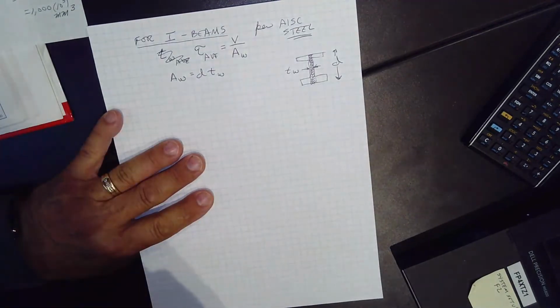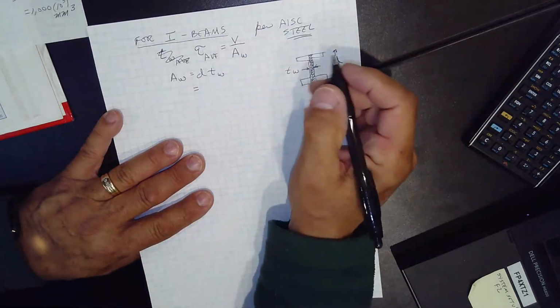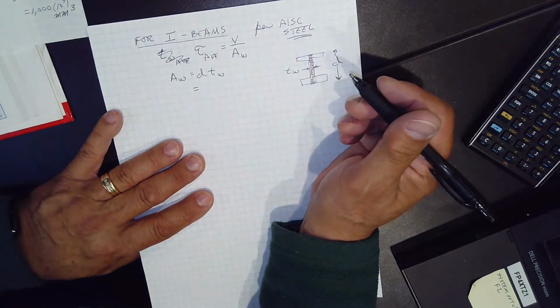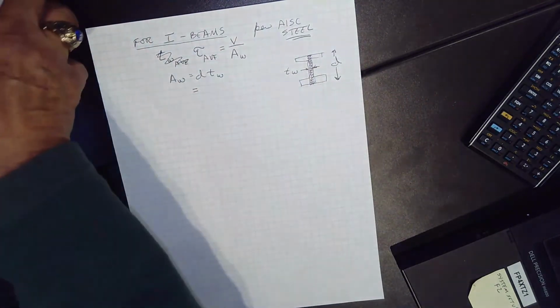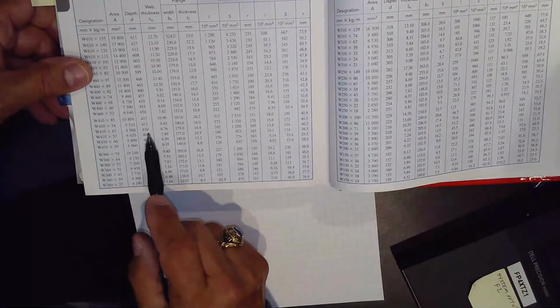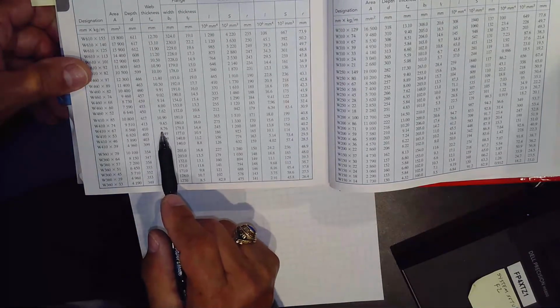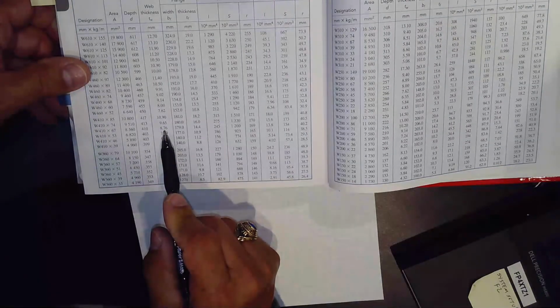We said, okay, we'll do what the book says, by the spec. And lots of buildings are designed this way, so it must work, right? And so what we do again, we go back to our table. And we said for a 410 by 67, D is 410 and TW is 8.76. So we just look it up.